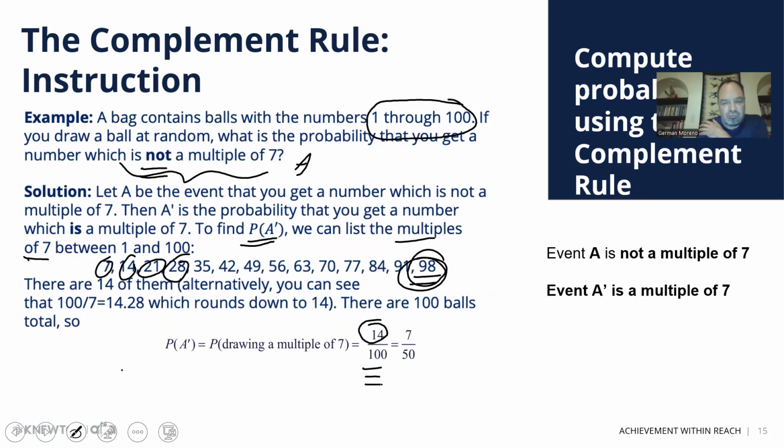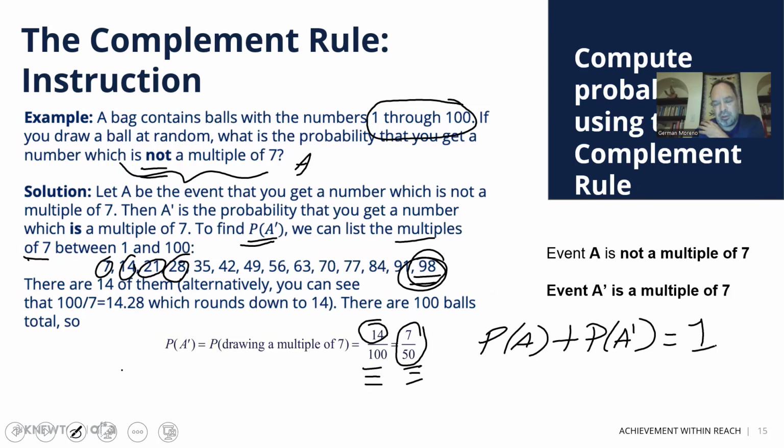We could just essentially use that, but they're reducing, which we're always asked to do, right? So then we know that the probability of A plus the probability of A prime is equal to 1, because you're either a multiple of 7 or you're not. And so this is 7 out of 50.